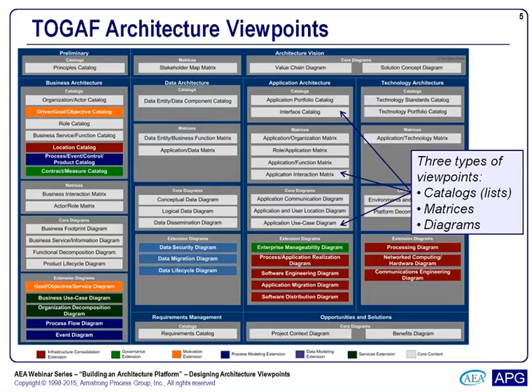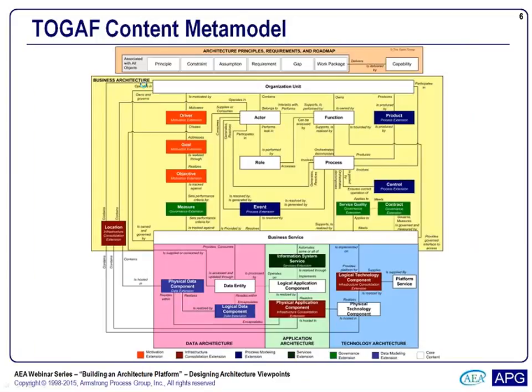So this set of architecture viewpoints ties into another thing that you have probably seen before, and that's the TOGAF architecture content metamodel. Here we see the full content metamodel using the same kind of color coding extensions that we saw before. The elements in white are considered to be core content, the kind of stuff that every organization is almost certainly going to be concerned about for some reason or another.